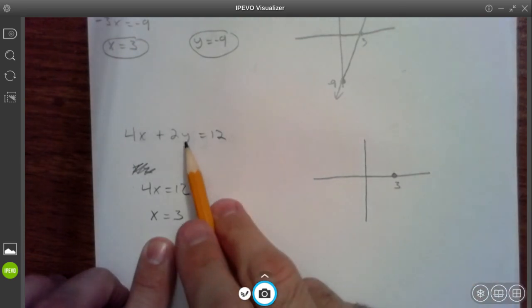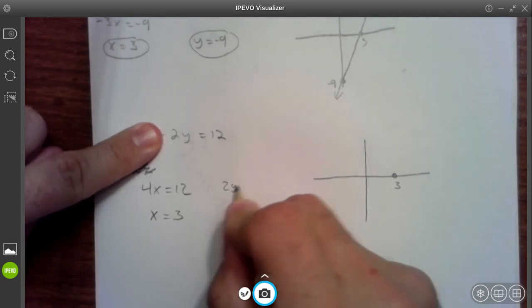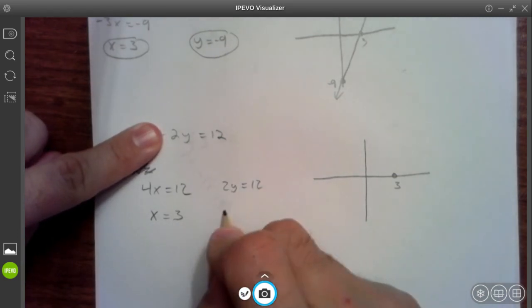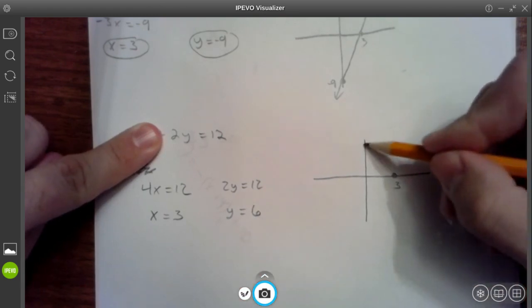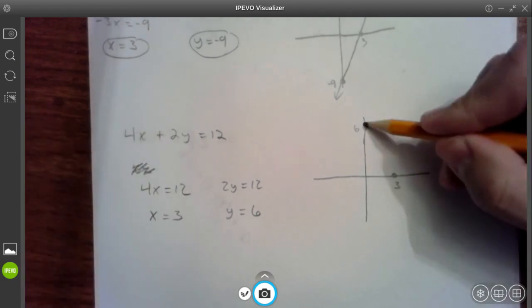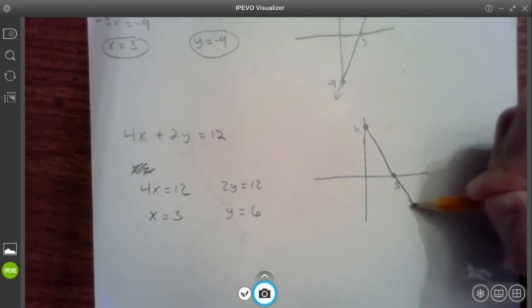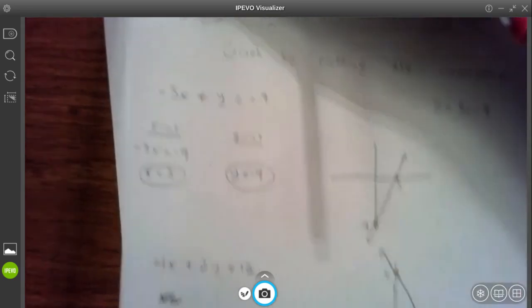And then for the y-intercept, we'll plug in 0 for x. So 2y equals 12. So y is equal to positive 6, which is up here somewhere. There we go. So this one has negative slope. Finally, one with negative slope. Cool.